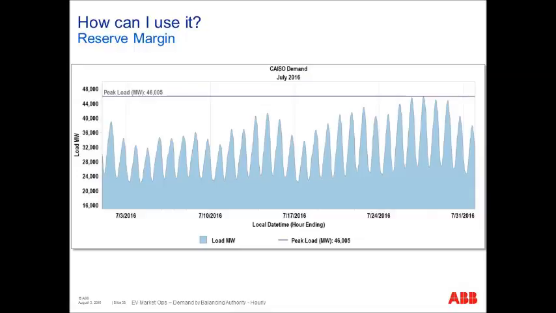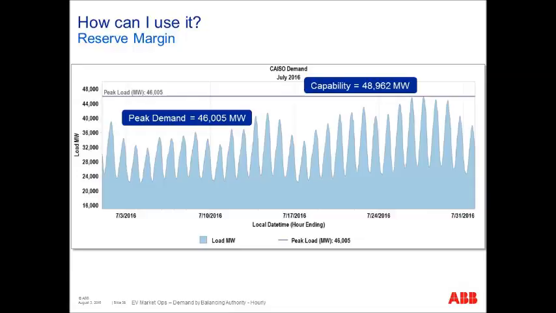Figuring out your reserve margins is quite a bit of science, quite a bit of math, and a little bit of art as far as what I've been able to determine so far. There are so many different ways that you could do it, and you'll come up with different numbers based on how you put out that capability. So what I use is the available capacity for CAISO here was about 49,000 megawatts.